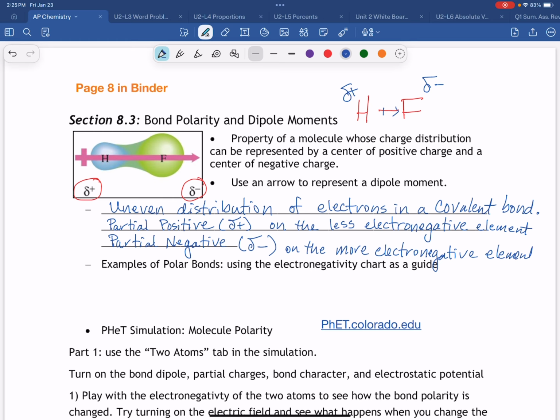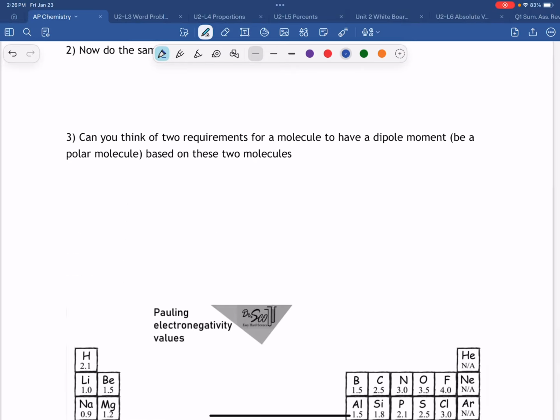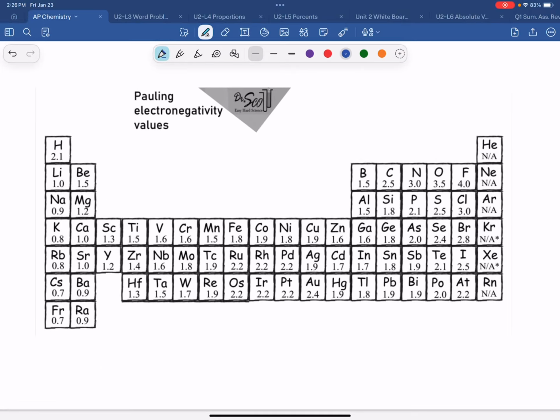So what we're going to do is, if you look on the next page of your notes, actually it's on page 10, you'll see that there is an electronegativity chart. If you want to compare the electronegativities directly, you can do that here. But for our purposes, we're going to think about this just in terms of fluorine being our most electronegative element.